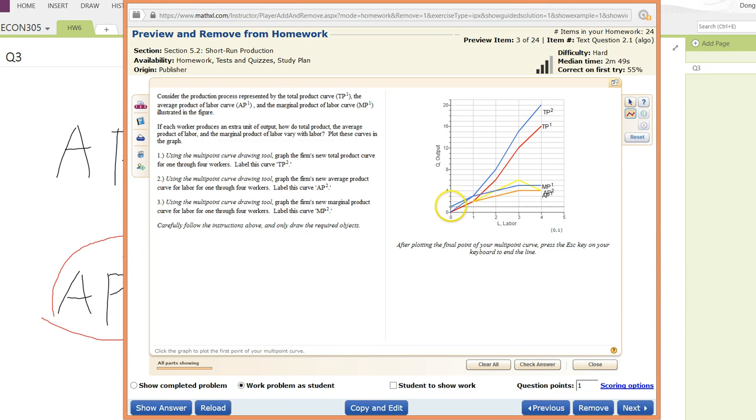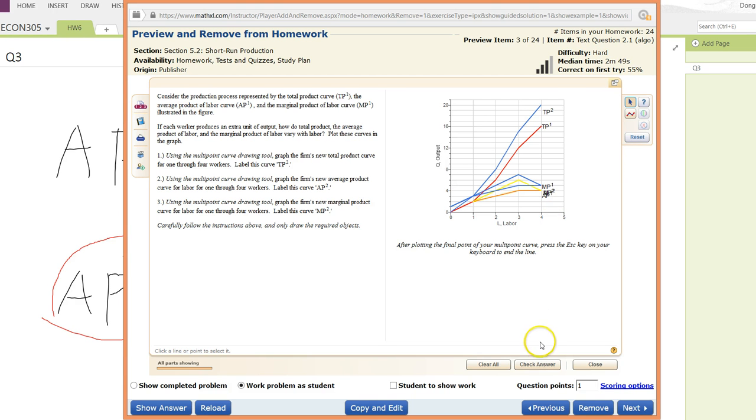It also starts from 1 here, and this yellow curve is the MP curve. We should be careful. It's a little bit messy, but as long as we are careful, we should be fine. So 1 more unit is right here, and 1 more unit right here, and here, and here. So that's our new MP curve.